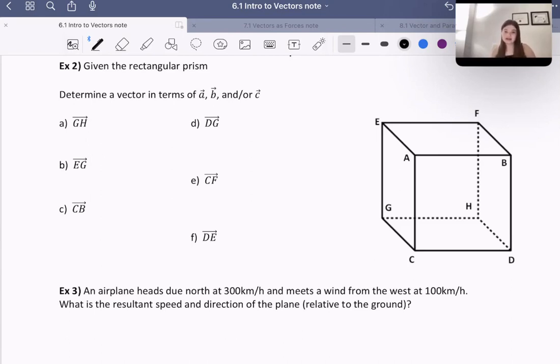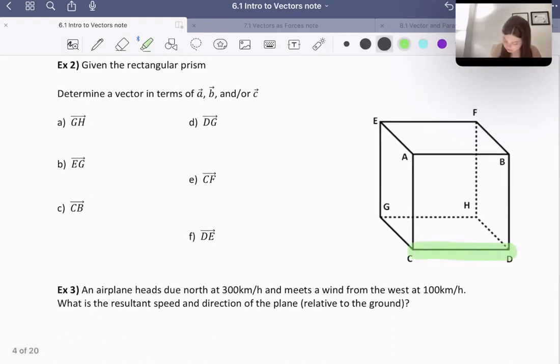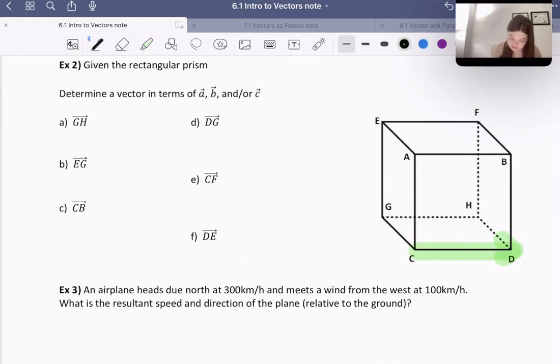So let's say that this vector here going this way is vector A. Let's say that vector B is this one. And let's say that vector C is this one.